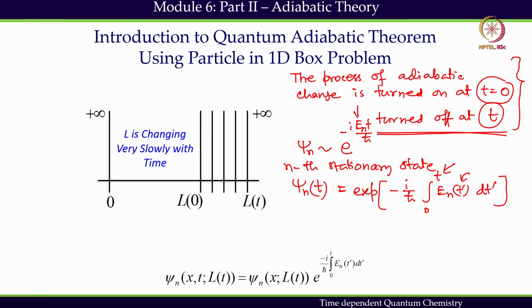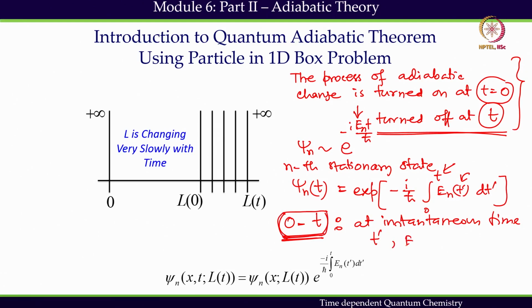The parameter controls En, and during this 0 to t time interval in which the adiabatic change is going on, at any instantaneous time t dash within this interval, the energy En would depend on that time.